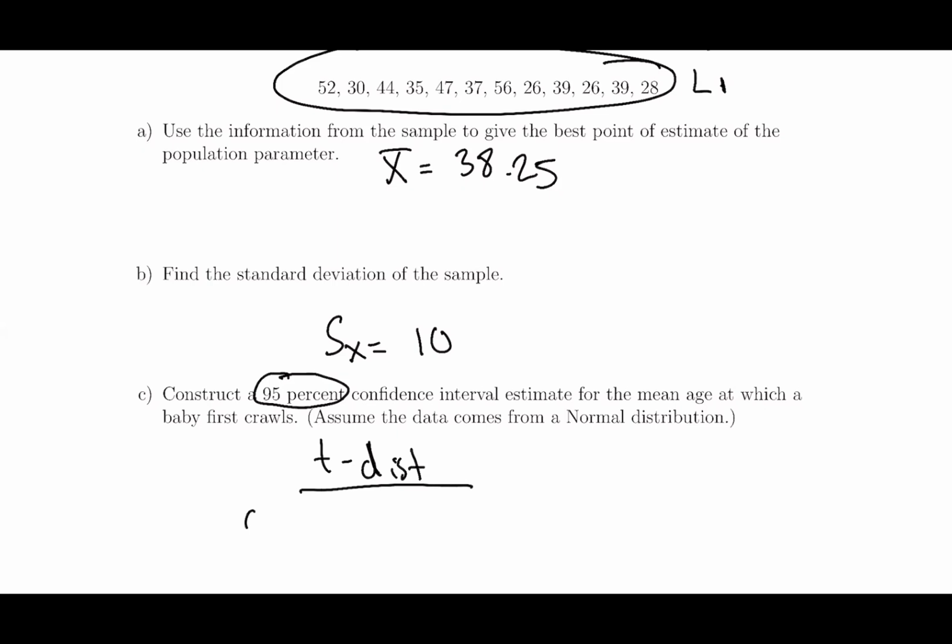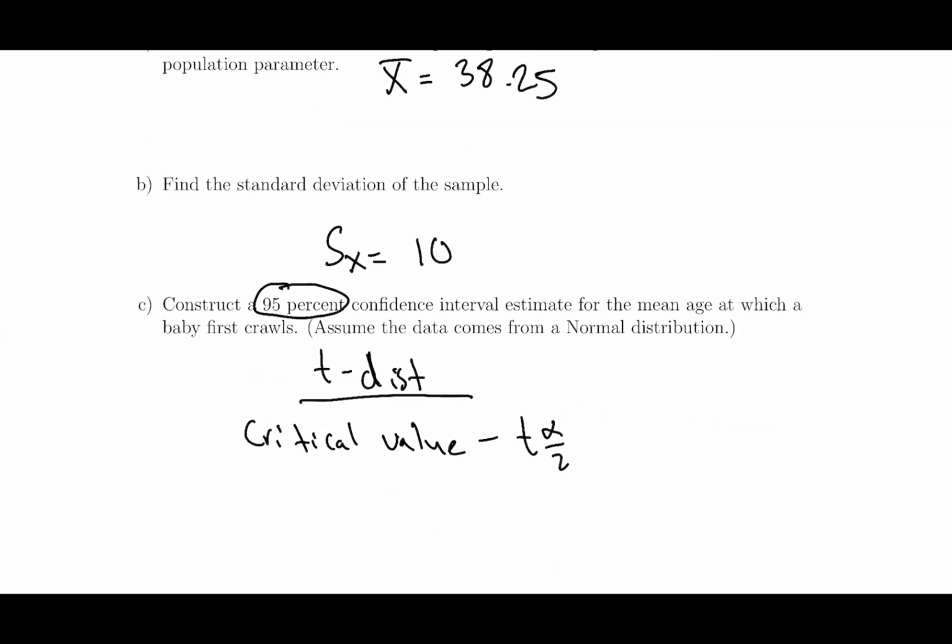So when we're finding the critical value, instead of finding z alpha divided by 2, you're actually finding t alpha divided by 2. The way that you find t alpha divided by 2, you need two things. You're going to need your confidence level, so we'll put confidence level is equal to 95%. But you also need degrees of freedom, where degrees of freedom is n minus 1. So that'll be 12 minus 1, which is 11.